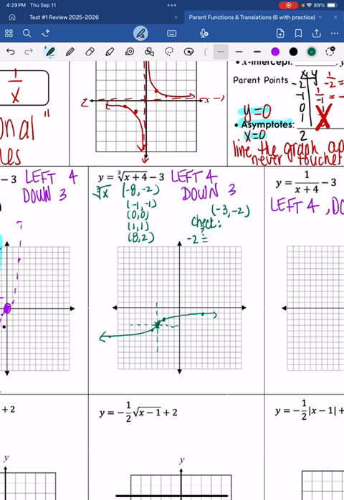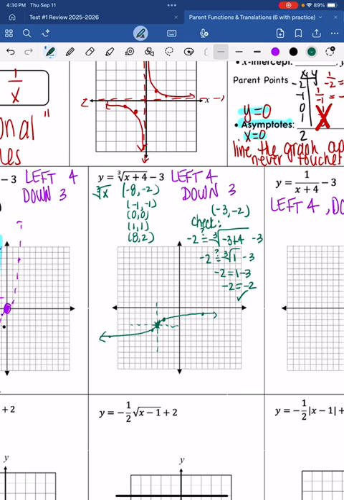Is it true that if y is negative 2, and you take the cube root of negative 3 plus 4 minus 3, is that a true statement? I'm pretty sure it is. Negative 2, cube root of 1 minus 3. Negative 2 equals 1 minus 3. Negative 2 is negative 2.